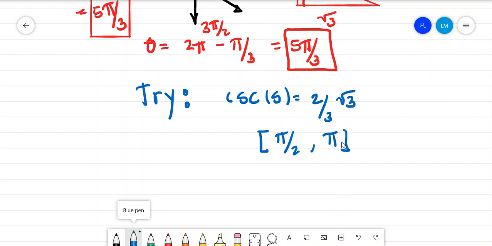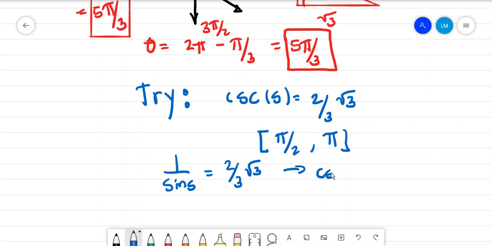So in this case, you're going to have to basically reverse the process where you say, okay, well, 1 over sine of s is equal to 2/3 root 3. But then, if you flip that, it'll give you not cosecant, but sine of s is equal to 3 divided by 2 root 3, which is equal to root 3 over 2.